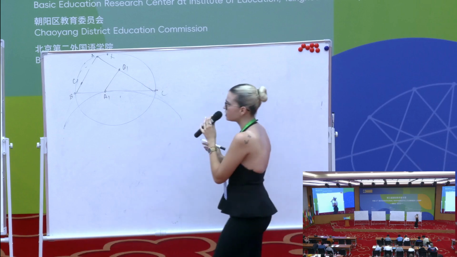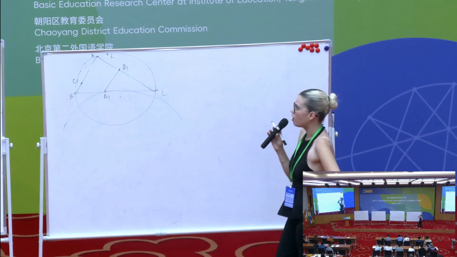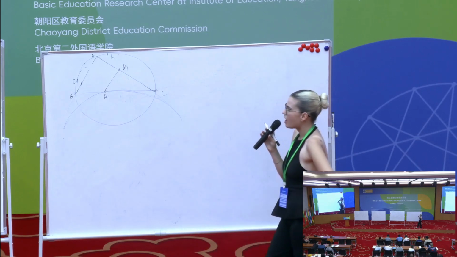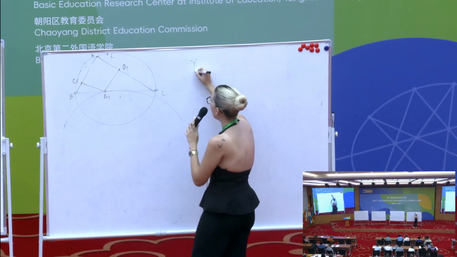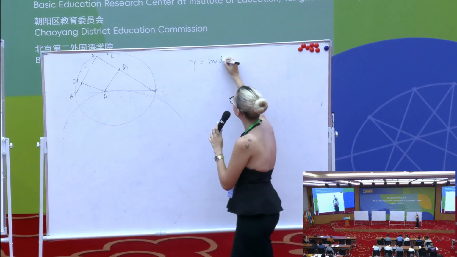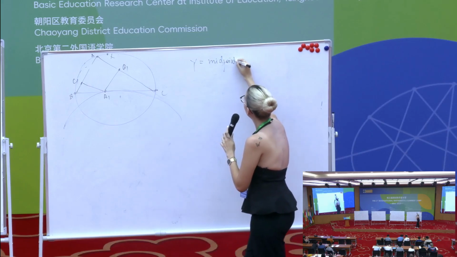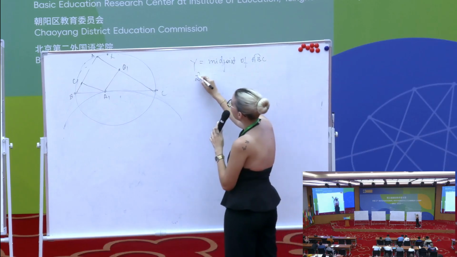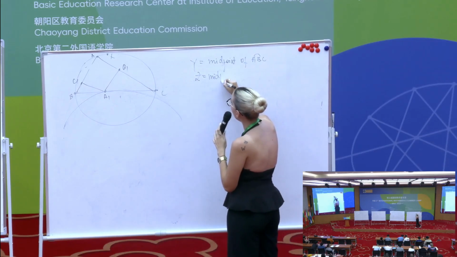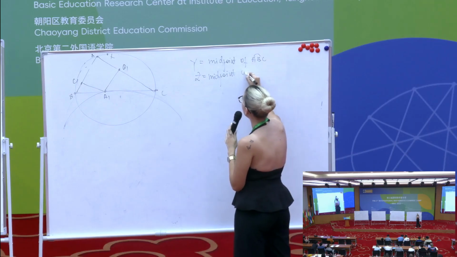So I want us to take the midpoints of the other big arcs. So what's going to happen is that we're also going to take Y to be the midpoint of the arc ABC, and Z to be the midpoint of the other big arc ACB.